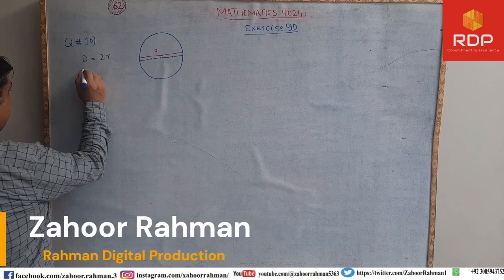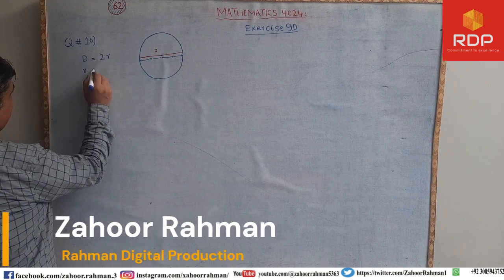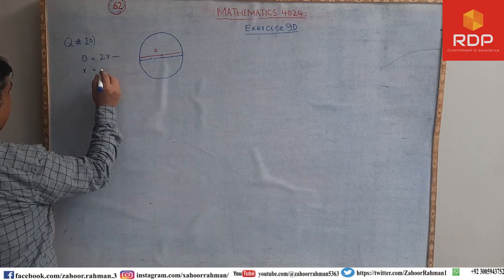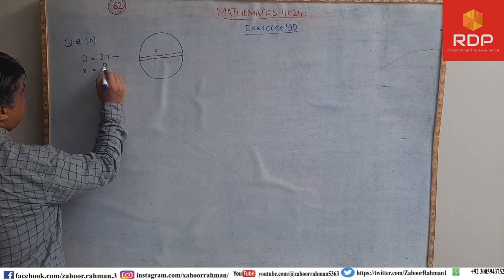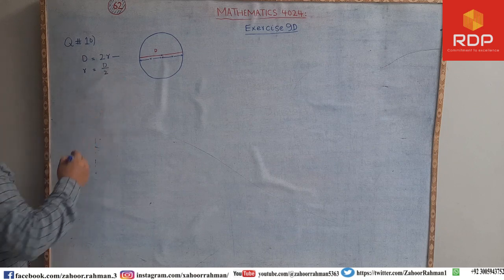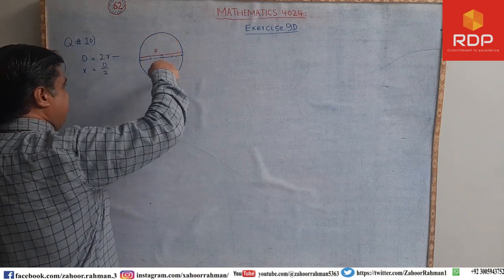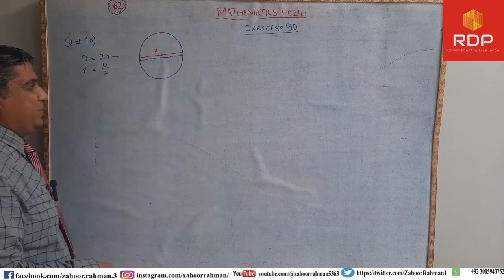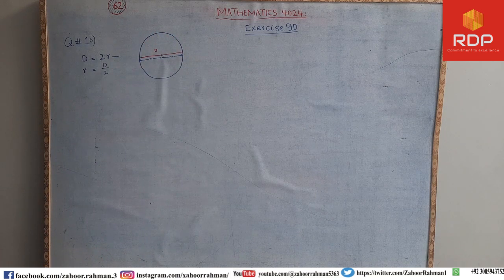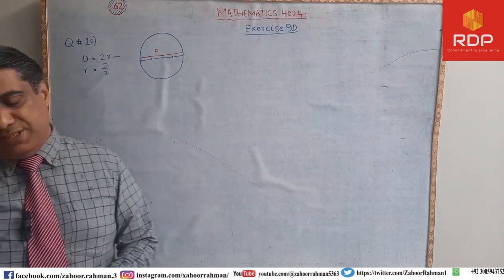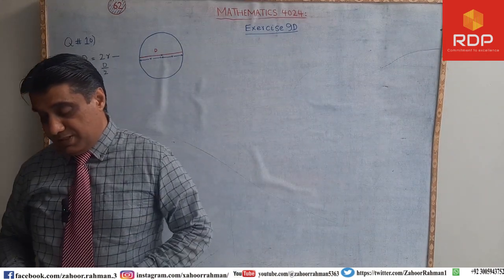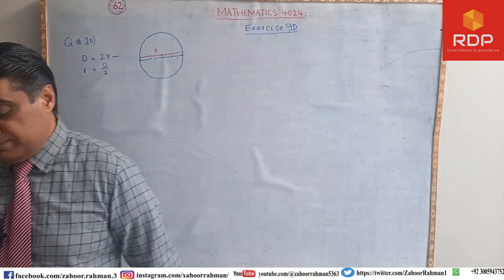Radius from this equation we can get as d by 2, because we have to find the circumference of this wheel of the car. For the circumference we need to find the radius first.